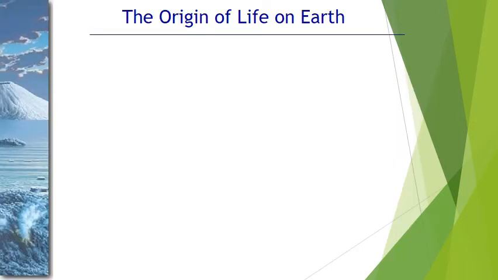Okay, so as you just saw in the last video, we are moving from formal astronomy into what's called astrobiology, a very exciting field that combines some of the aspects of astronomy with the aspects of biology. Essentially, it's asking the question, how does life begin and how does it change as well?